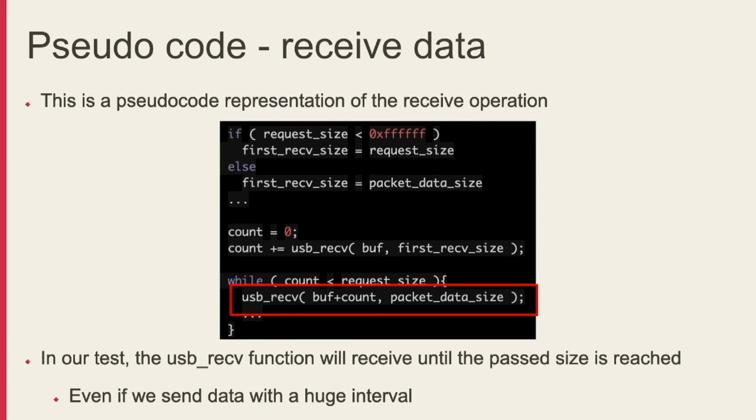This is what we need to achieve. But the USB receive function will keep receiving data until the passed size is reached. Even if we send data in huge intervals, the device will still be waiting for data.